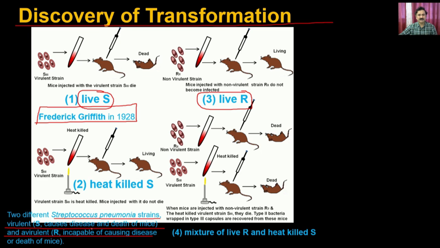Avirulent strains are incapable of causing the disease, whereas the virulent strains, or S strain, are competent enough to cause the disease.